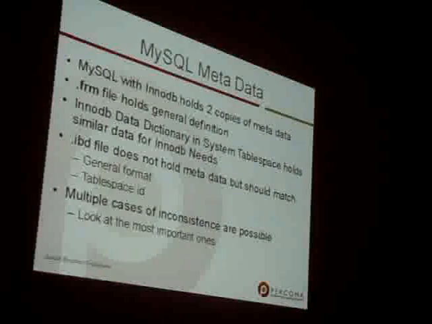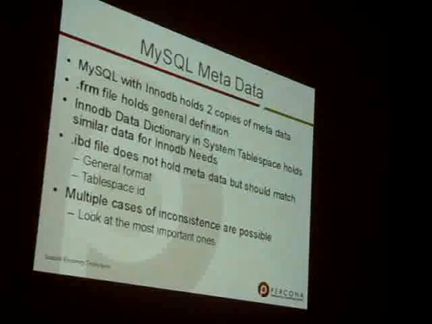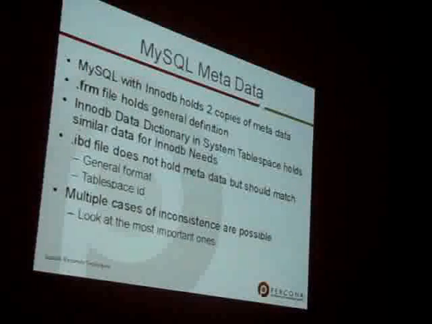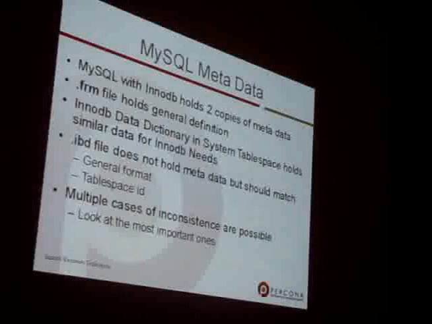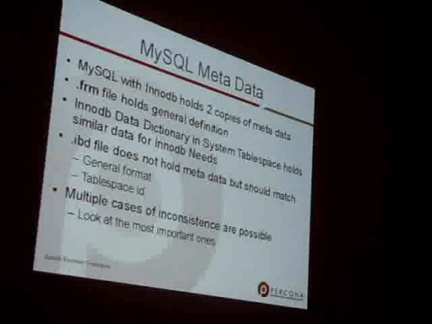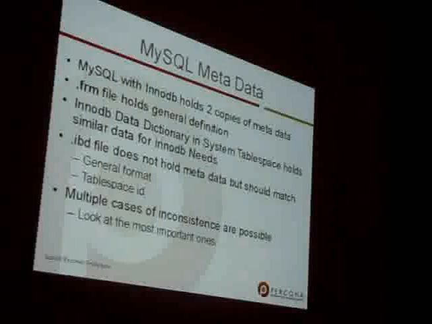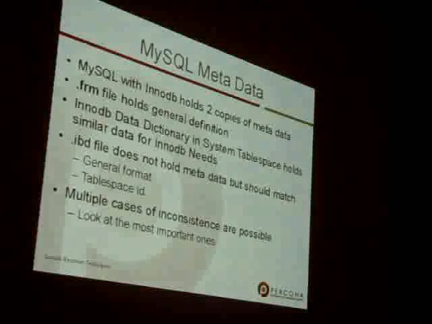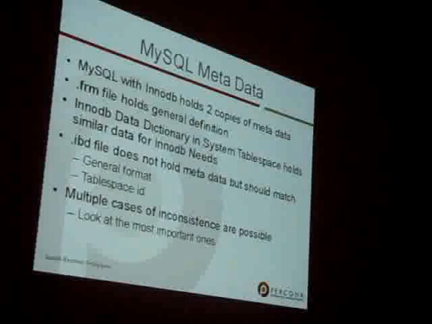Now, FRM and InnoDB. The MySQL metadata is kind of a mess. With InnoDB, you would have a copy of metadata in FRM files and also in these SYS_TABLES and SYS_INDEXES, which have a very large overlap between them.